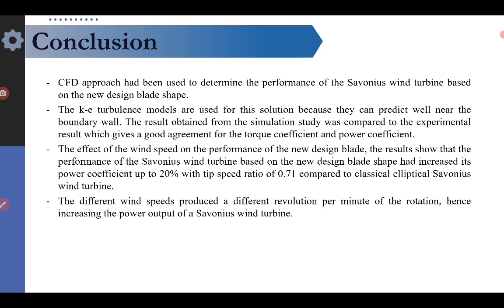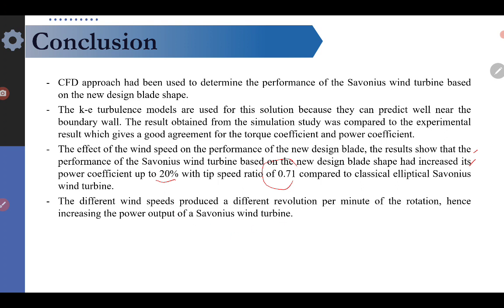As the conclusion, we can say that regarding the effect of wind speed on the performance of the new blade, the results show that the performance of the Savonius wind turbine based on the new design blade shape has increased power coefficient by up to 20% with a tip speed ratio of 0.71 compared to the classical elliptical Savonius wind turbine. Different wind speeds produce different RPM rotation, hence increasing the power output of the Savonius wind turbine.